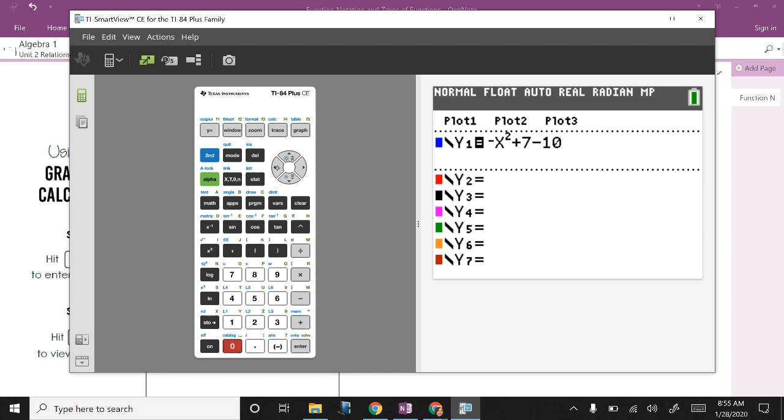I left my x off, didn't I? Well, that's okay. You can clear the whole thing out and start over, or you can just arrow over and type over. Okay? It just drew a line on the screen. That's easy. Okay, and then you hit graph.